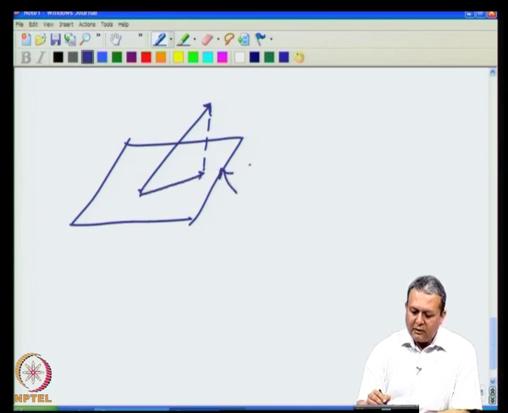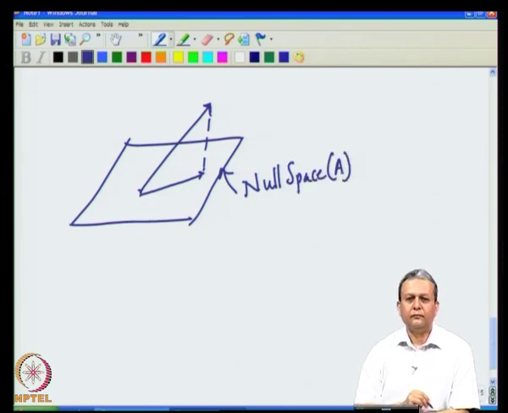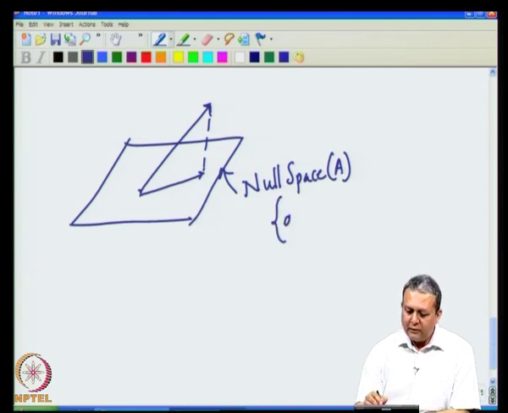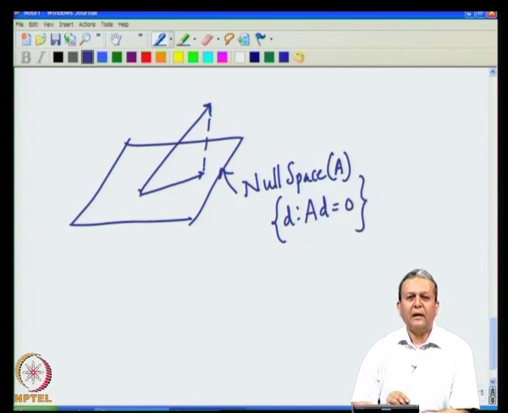So, this space is the null space of the matrix A. The null space of the matrix is the set of all directions d such that A d is equal to 0. So, if we have any direction along which we need to make a movement, first we need to project that onto the null space of the matrix A. So, how to do that, that we will see now.